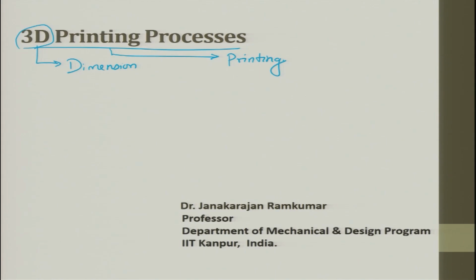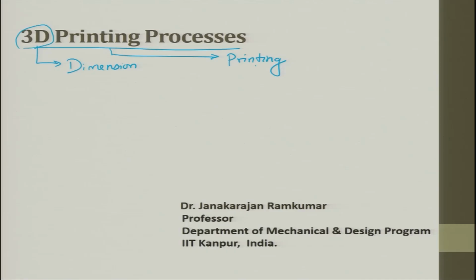Currently almost every house has a desktop printer, wherein what we print is 2D laminate information on one sheet of paper. So we are going to use that technique and develop 3-dimensional objects. That is what is discussed in this process, 3D printing processes.